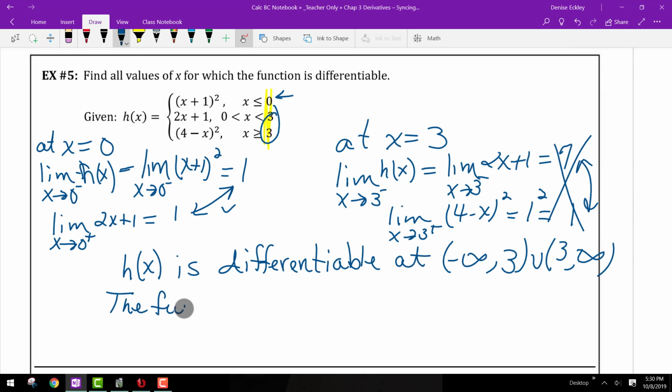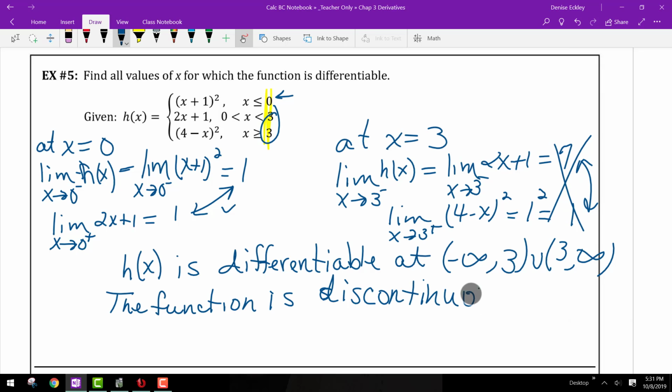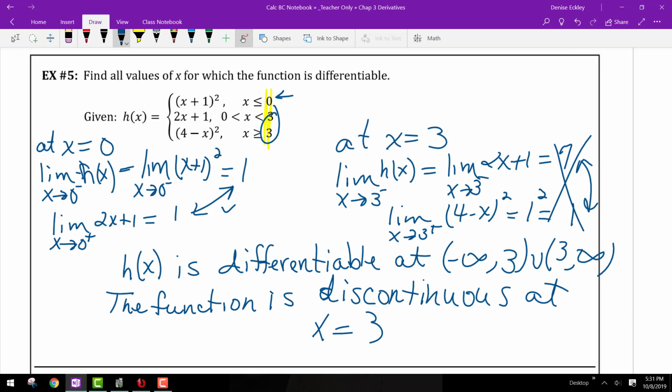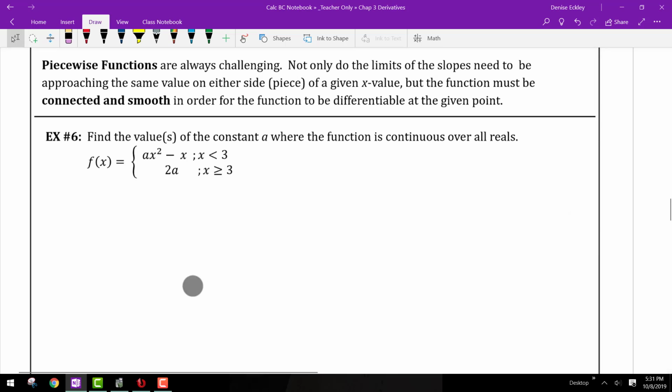The function is discontinuous, excuse me, at x equals 3. Okay, so I can say it's discontinuous because remember, a function that is not differentiable at a point doesn't necessarily mean it's discontinuous, but you can't say vice versa. Okay, so moving on to the next example.